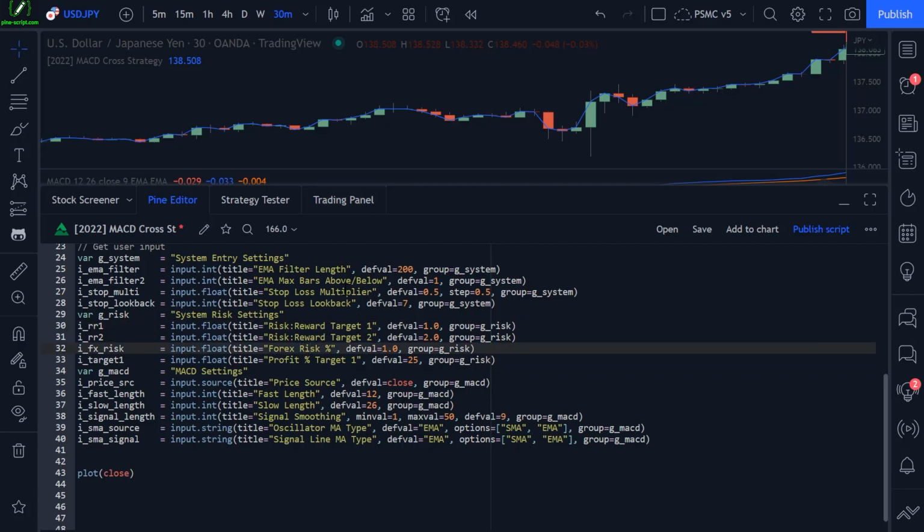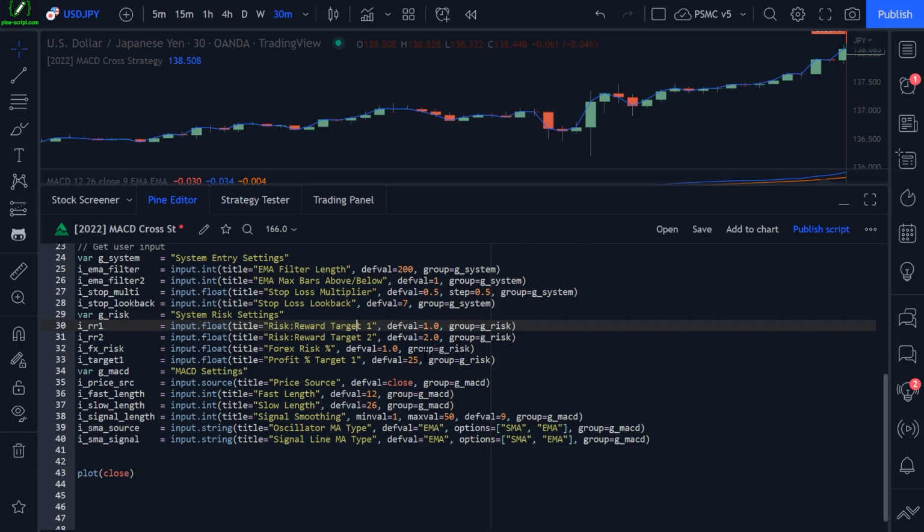For Forex markets, we're going to calculate our position size slightly differently. I'll explain that later. And then we have our first target percentage. This is how much of our position to take off at our first target. So by default, it's set to 25, or 25% of our total position size will be closed out when price hits our first target.